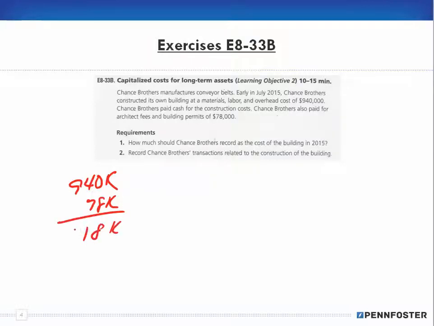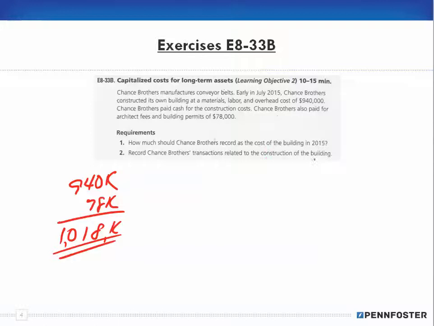So they ended up paying $1,018,000 in order to construct. That was the entire cost of the building. Even though architect's fees and building permits aren't part of the actual construction, they were necessary in order to draw up the plans and get the permits to enable the construction of the building. So they're included in the cost of the building.